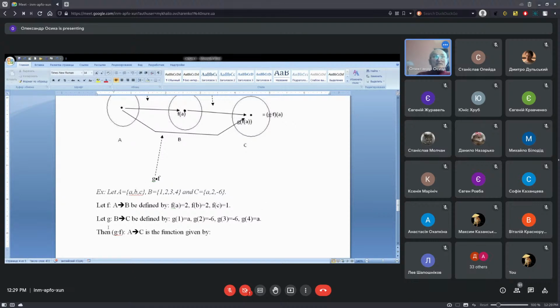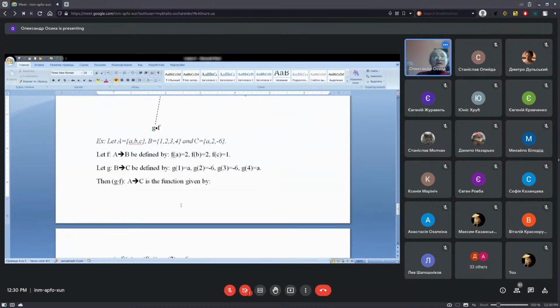After that, let g from B to C be defined as: g of 1 is equal to a, g of 2 is equal to minus 6, g of 3 is equal to minus 6, g of 4 is equal to a.